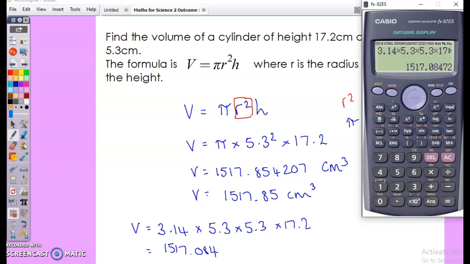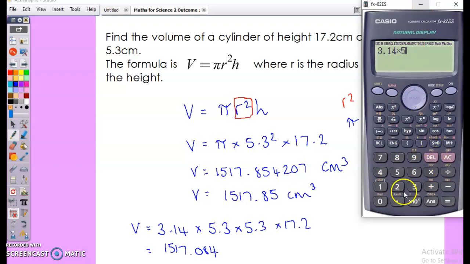Did I copy it down right for the first one? I'm just going to check it. Pi times 5.3 squared times 17.2. No, it is just quite different. It's unusual for it to be so different using 3.14 rather than pi. I'll check this one again now as well.